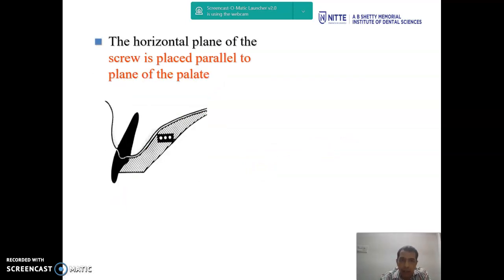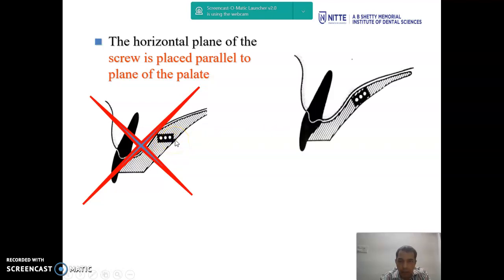The horizontal plane of the screw is placed parallel to the plane of the palate. Now this is the wrong way. If you notice the way the screw is placed, it is not parallel to the plane of the palate. Now this is the right way it is placed, when we view it in cross section.